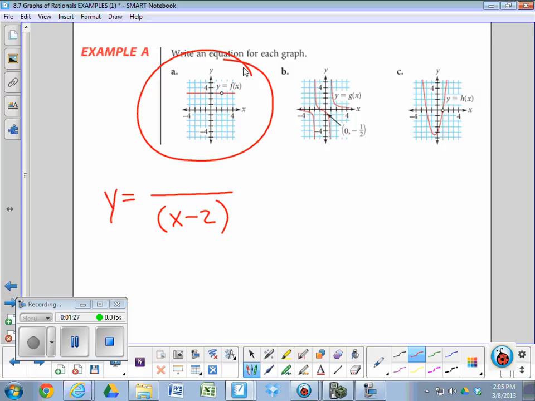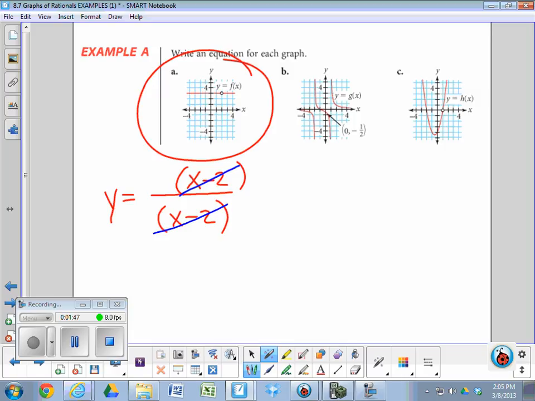But since it created a hole, there must have been also an x minus 2 where? Up top. For there to be a hole in the graph, that factor that caused the problem down there must have had a partner up top to cancel with.